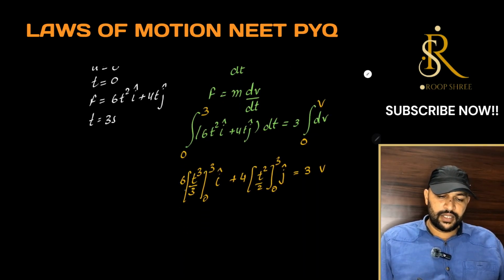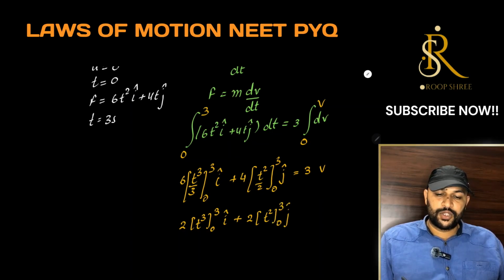So this will give us how much? Taking this 3 outside, it will be 2t cube from 0 to 3, i cap, be very careful, components are very important, plus 4 divided by 2, which is 2t square from 0 to 3 j cap, that is equal to 3v, and let's substitute the value.